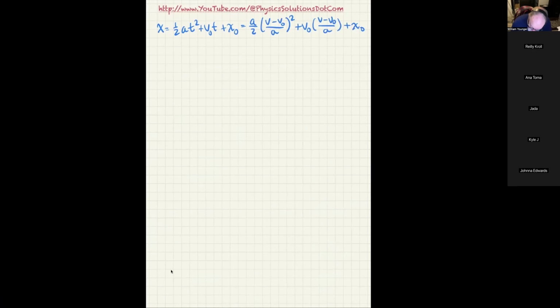What I'm going to do is I'm going to subtract an x0 from both sides, and then that gives me x minus x0 is equal to.